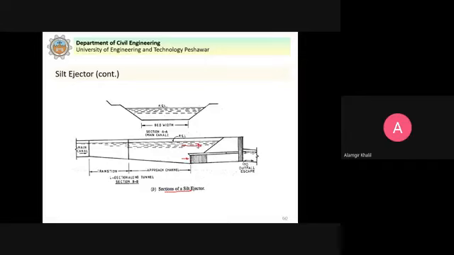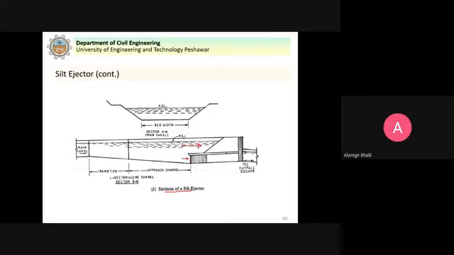And the third one, structural considerations. Good foundation should be available at moderate depth. We have to provide foundation for the barrage or weir or these diversion headworks. You see the canal head regulator, where water flows into the canal, and this barrage or weir.